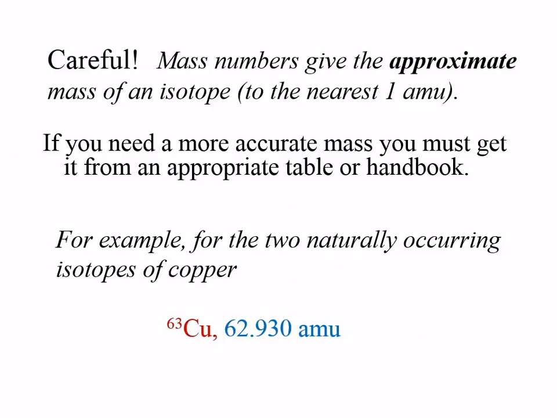Before we got to this whole question of how much an atom weighs, we talked about atomic number, which is the number of protons, and mass number, where you look at the nucleus and find protons and neutrons. In my notes, I say the protons and neutrons weigh about 1 AMU. So if you have the mass number, which is a whole number, you have an approximate mass of that particular isotopic form.